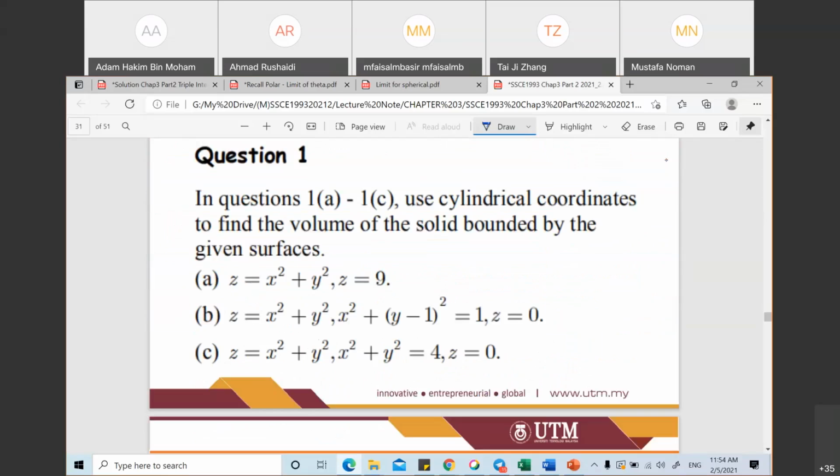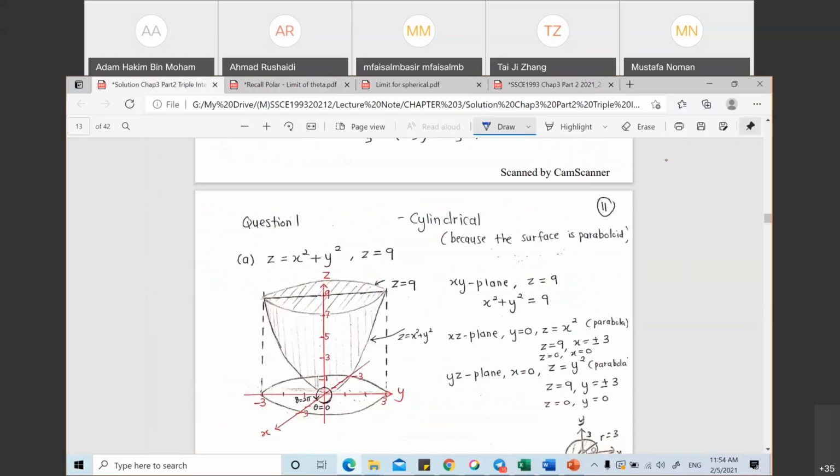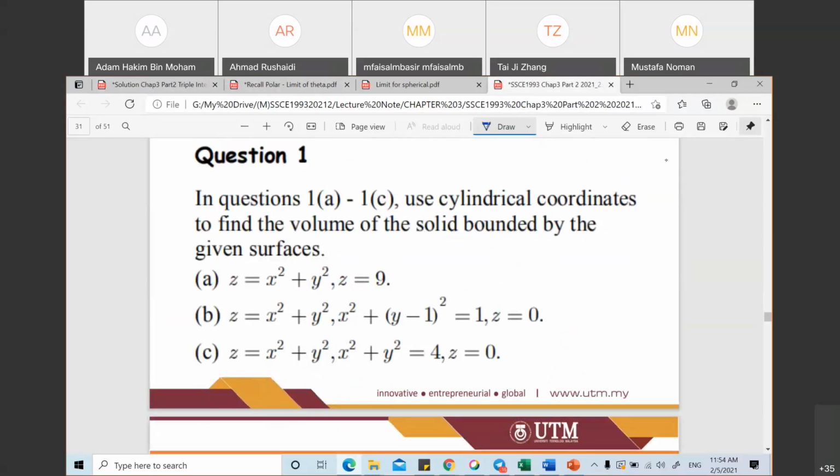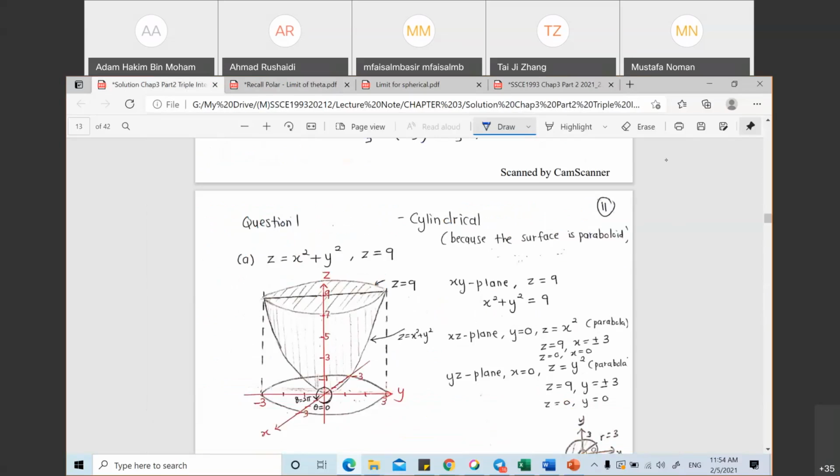Okay, this is just the same thing. So if you see here, z equals 9. Okay, if you see directly, z equals 9, what is z equals 9? It is just a plane. x squared plus y squared.